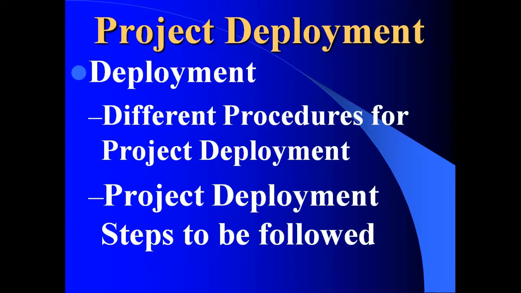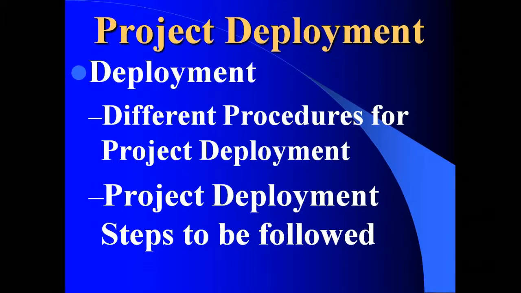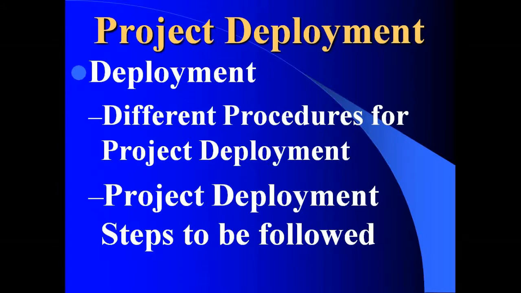After publishing, it has to be deployed into the IIS server, that is, Internet Information Server. If it is a Java application using Apache Tomcat, you should deploy the application into the Apache Tomcat web server.